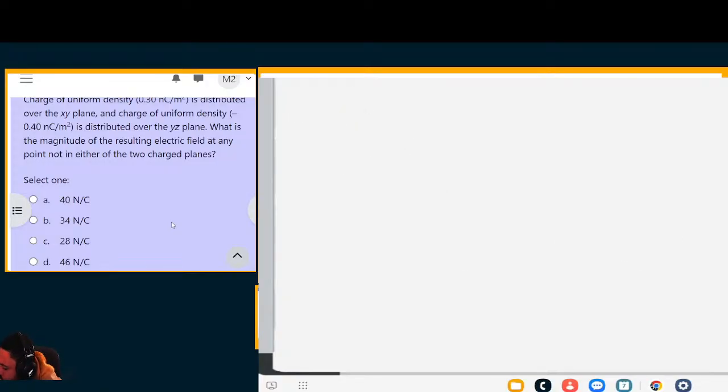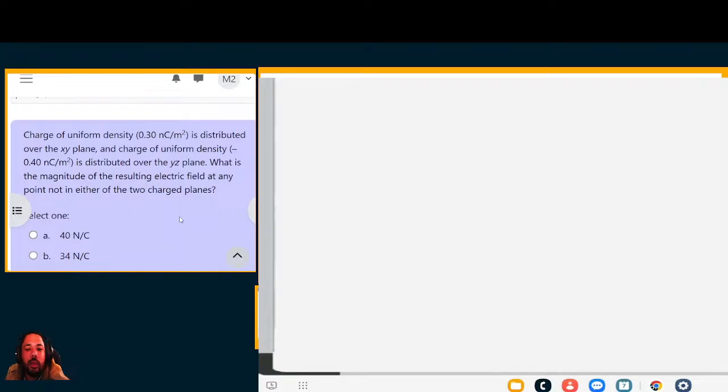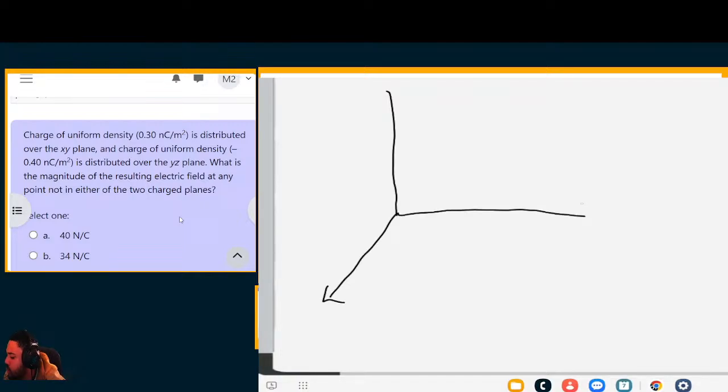Let me then get back to the actual question. So we have a plane distributed over the xy plane. Let's draw the axes first. I want to make this x, that's y, and that's z.